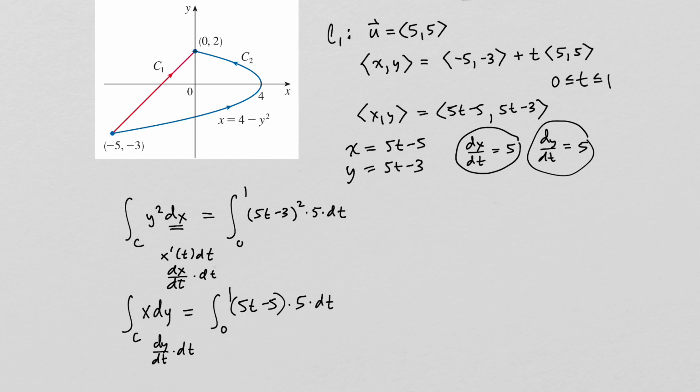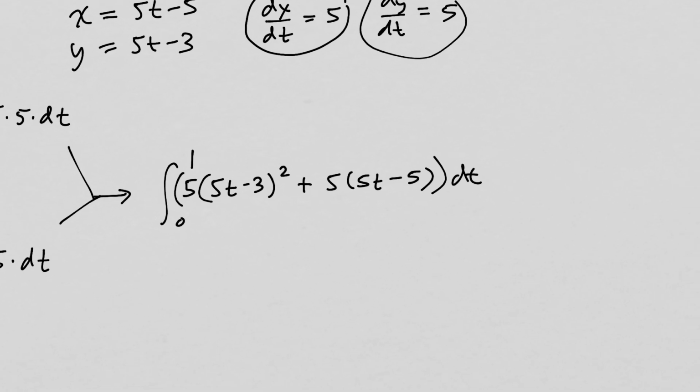So I'm basically just going to add those together. You can do one integral: (5t minus 3) squared times 5 plus 5 times (5t minus 5), all with respect to t, because if I just add these two integrals together, I can do it all at once.